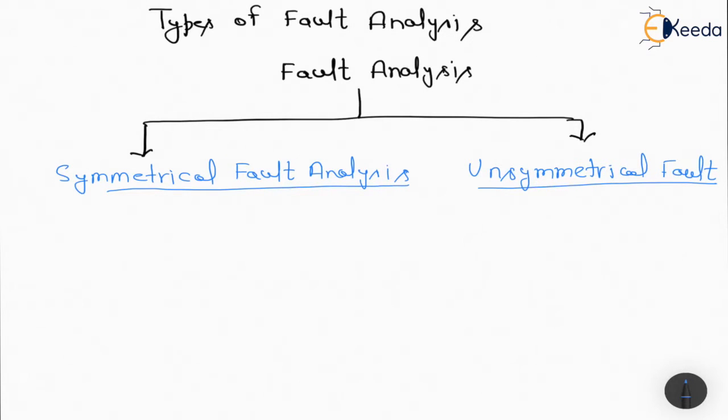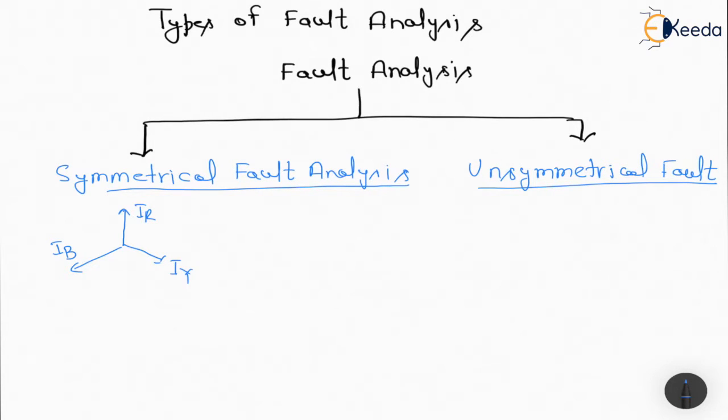First of all, what does symmetricity mean? If we have three phases R, Y, B, we can represent them as IR, IY, and IB.